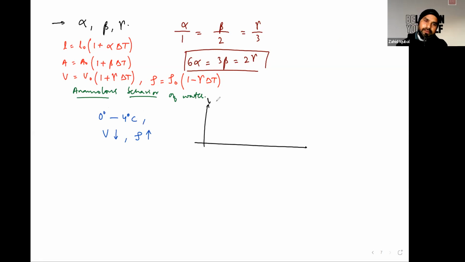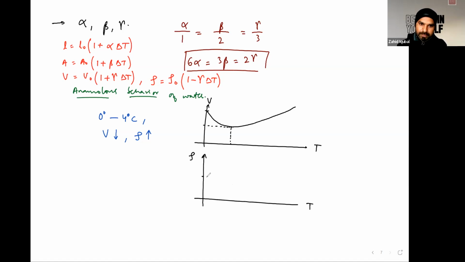So if you plot the variation of this, from 0 degree to 4 degrees Celsius, it will be decreasing and then increasing. So it will be minimum at 4 degrees Celsius. And consequently, for density, rho versus T, at 0 degrees Celsius, it will have lesser density.